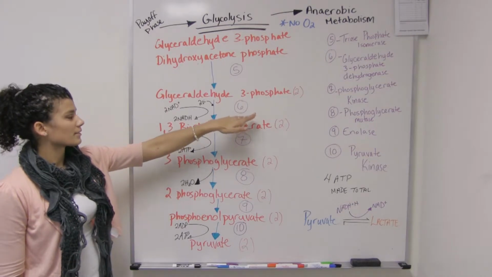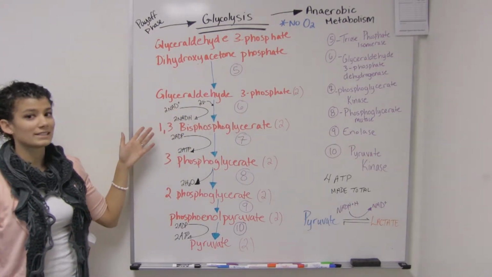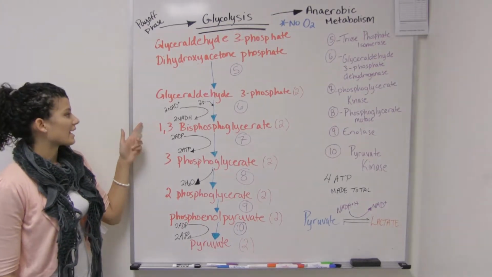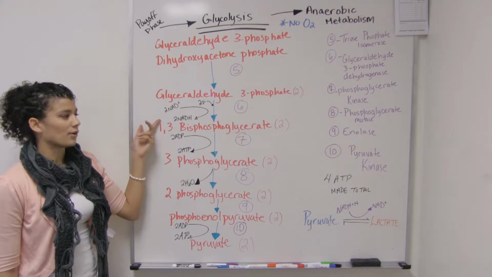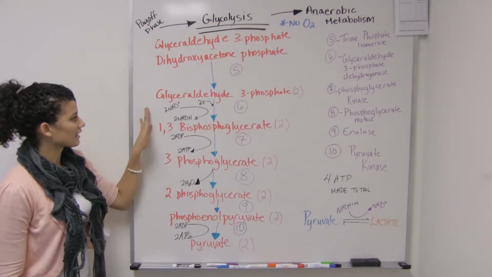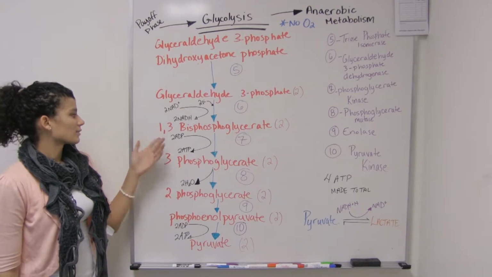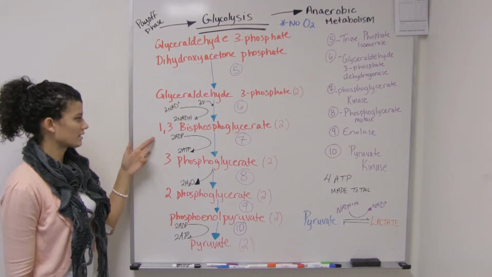However, the enzyme used to facilitate this reaction is glyceraldehyde 3-phosphate dehydrogenase, and dehydrogenase is a good indicator that NADH is going to be involved, because it's a dehydrogenation reaction that's taking place. As a result, we end up with 2 molecules of 1,3-bisphosphoglycerate.